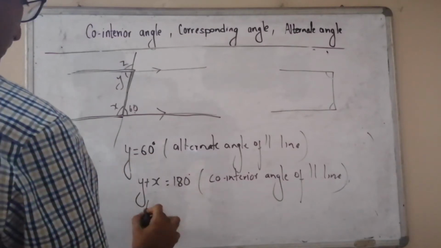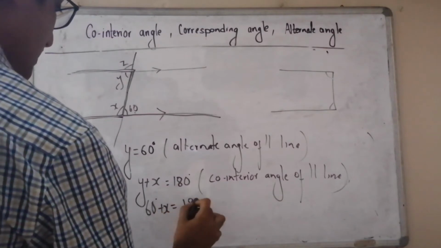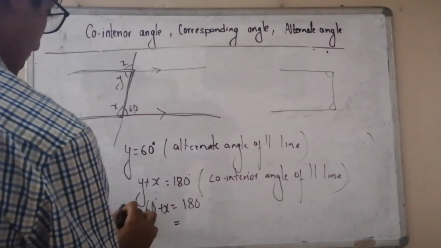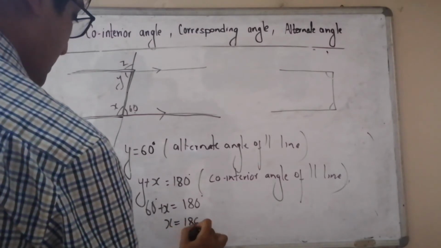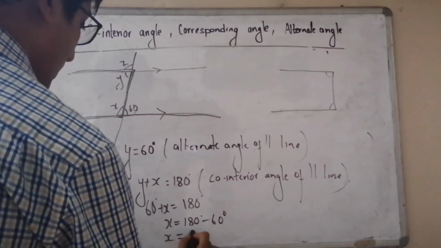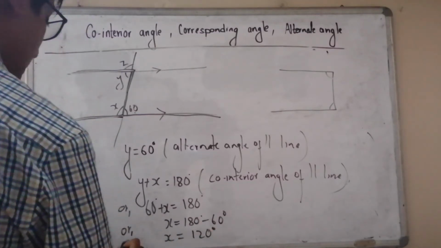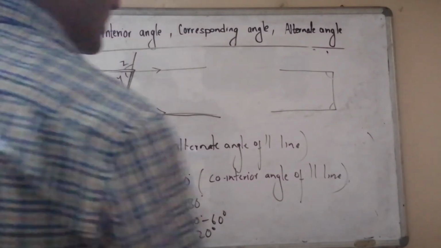So let's substitute the value of y, 60 degree, plus x is equal to 180 degree, or x equal to 180 degree minus 60 degree, which gives us 120 degree. So the value of x is 120 degree.